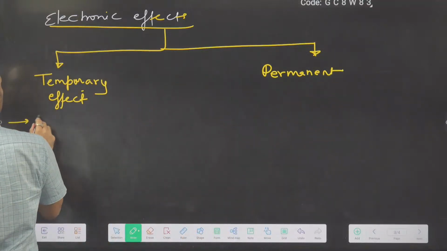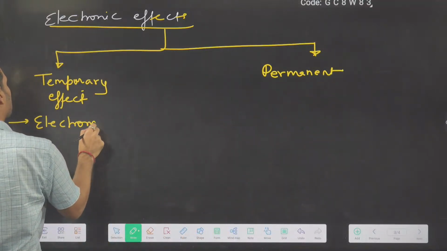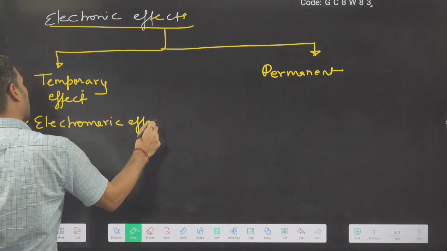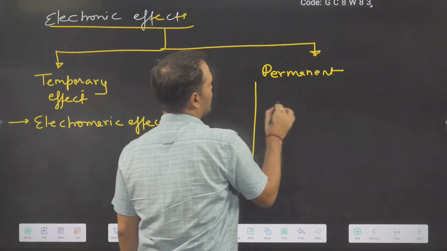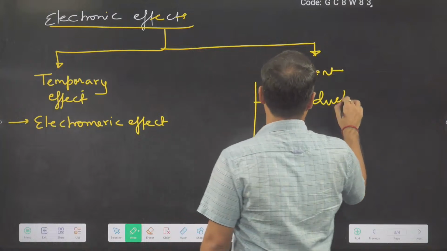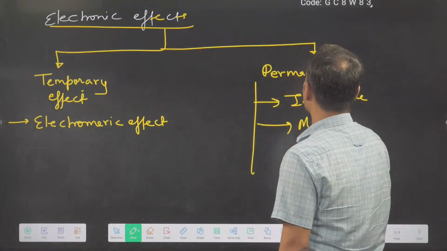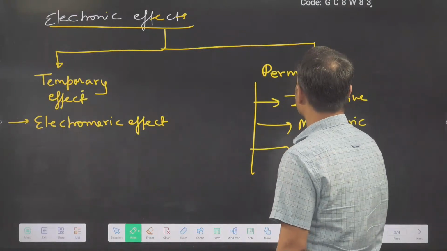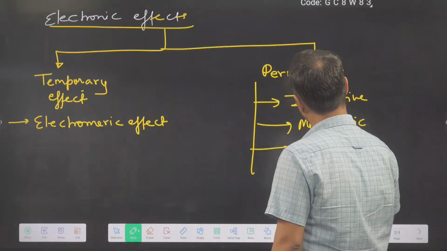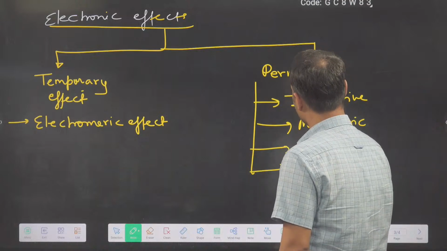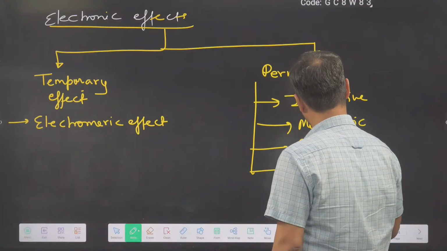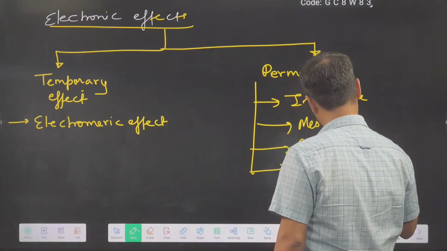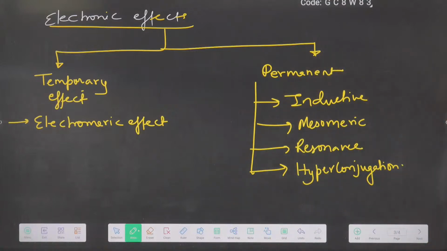Temporary effect means the electromeric effect, given in NCERT. Permanent effects, three to four things are there: inductive effect, mesomeric effect, resonance, hyperconjugation. So these are your permanent effects.